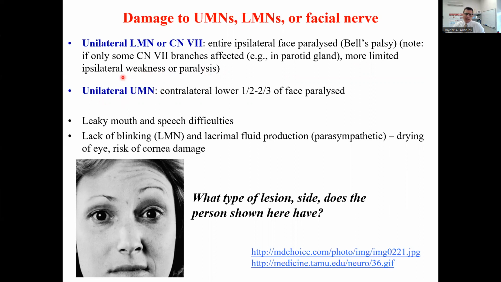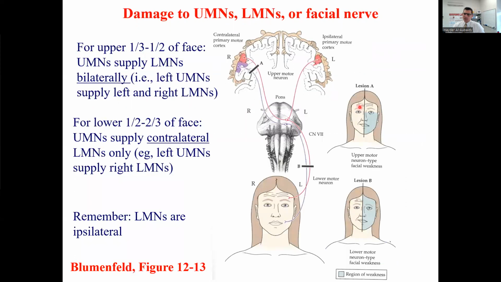While unilateral upper motor neuron damage produces paralysis of the contralateral lower half of the face. So again, if you go back here, this is a summary of these two situations.